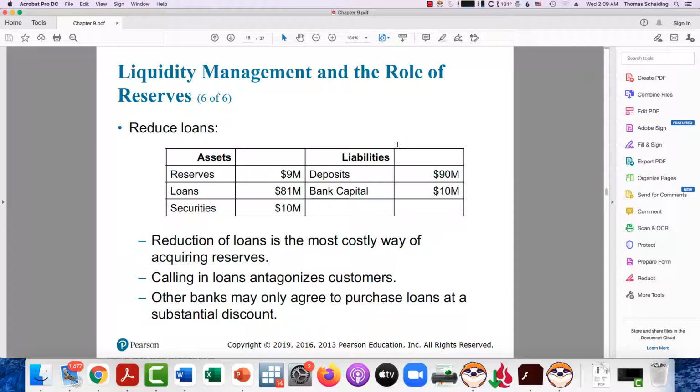The banking industry is competitive enough that if you do this even once, you're going to lose a lot of loan volume. And that's how your bank makes money, right? The difference of borrowing short, lending long. Well, if you can't lend long because no one trusts your bank anymore, you're going to lose a lot of money.